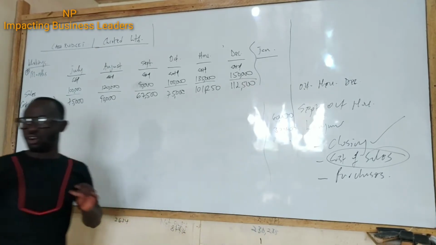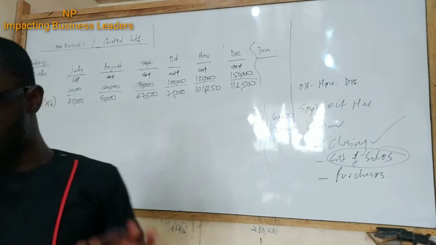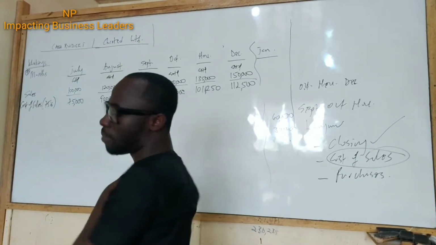Okay, so we've calculated the cost of sales. It says 75% of the month's sales.